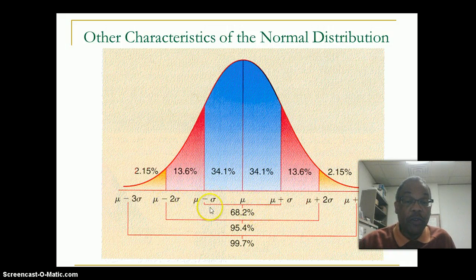If you went 2 standard deviations away, this is reflected in the pink, you would capture 95.4% of the population. And if you went 3 standard deviations away from the mean, you will capture almost all, 99.7% of your population. It's this one here that's of interest to us at this point, the 95.4%.